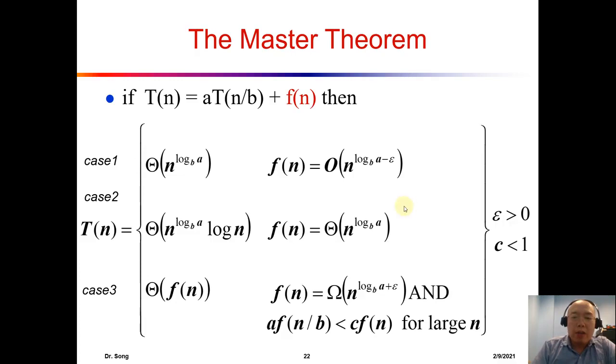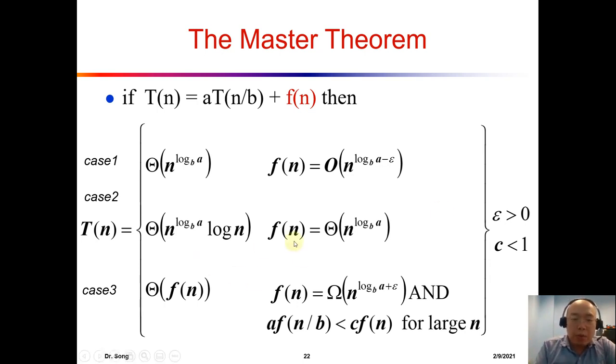This epsilon can be something really small, like 0.001, or could be 0.5, or could be 1, could be 2. If you are able to find a small positive epsilon that works, then that should be enough. So that's case 1.